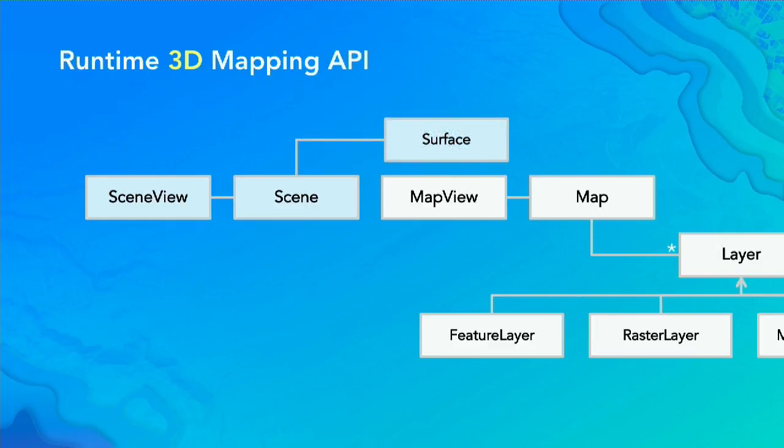The one place where it deviates from a map is it has a surface. The surface is the reference surface that the scene will relate to. So for instance, if you say drape my content on my scene, it's draping it on that surface. There's one surface that you can have per scene. That surface can have multiple data sources, and we'll automatically choose the most accurate data source for the geographic region that we're looking at that time.